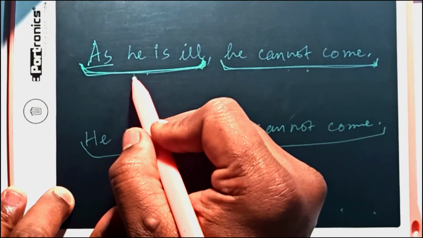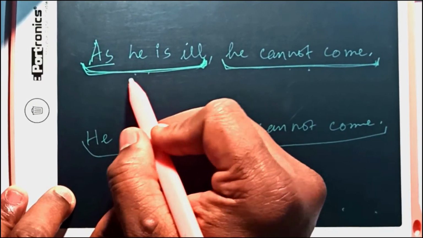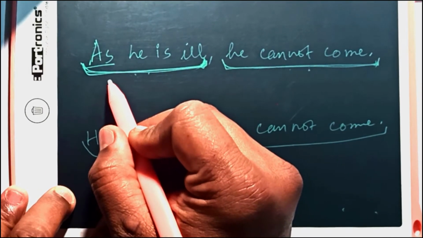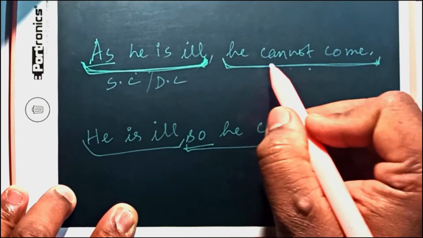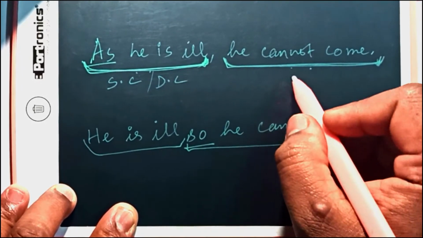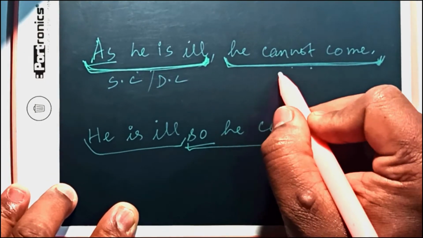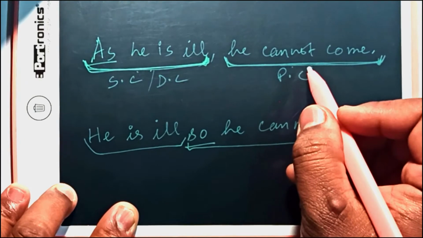Alright, so since this is dependent, we call it subordinate or dependent clause. Now, this alone can express full sense, and that is why we call this principal clause. This is our principal clause, main clause.